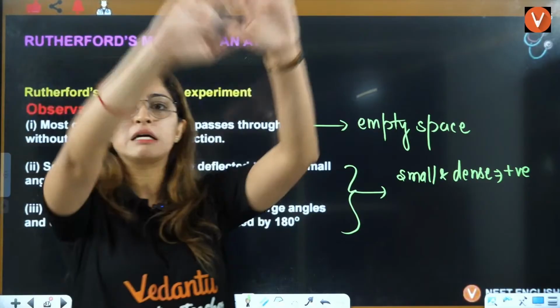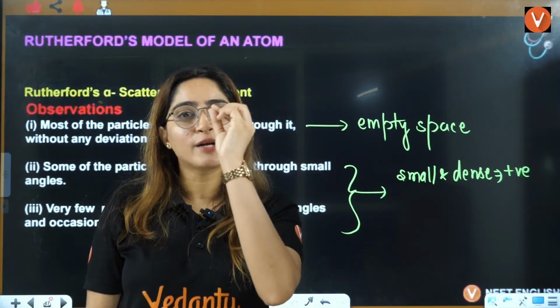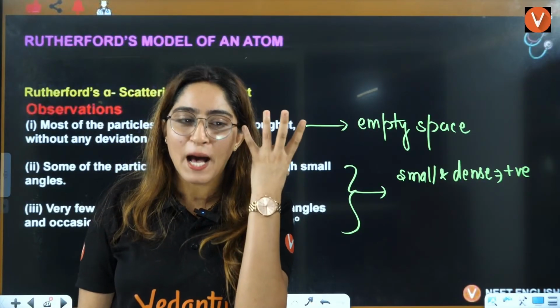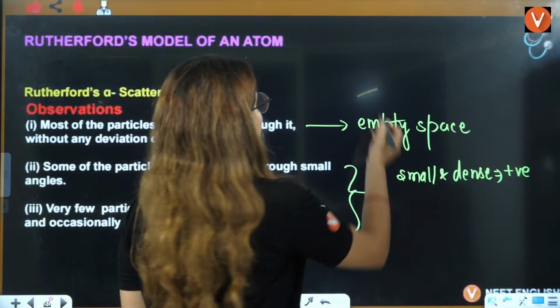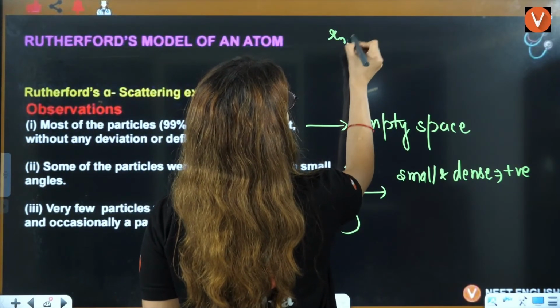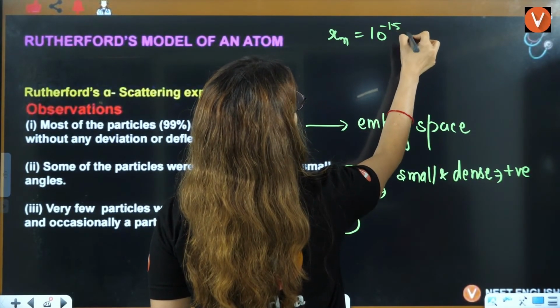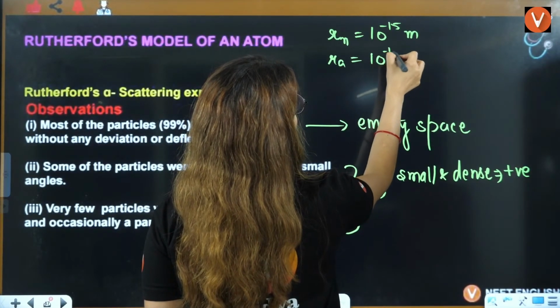It's like you have a cricket stadium and inside it you have a ball. That ball in front of a cricket stadium is very small. So that is your nucleus in front of the atom. We also say the radius of the nucleus can be taken as 10 raised to the power minus 15 meter, and the radius of the atom as 10 raised to the power minus 10 meter.